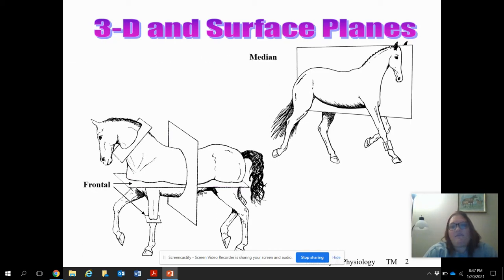The next one we have is the median plane. The median plane divides the animal in half down the midline. The midline goes straight down the animal's body, dividing it into two halves, and the median plane runs down the midline to divide the animal in half.